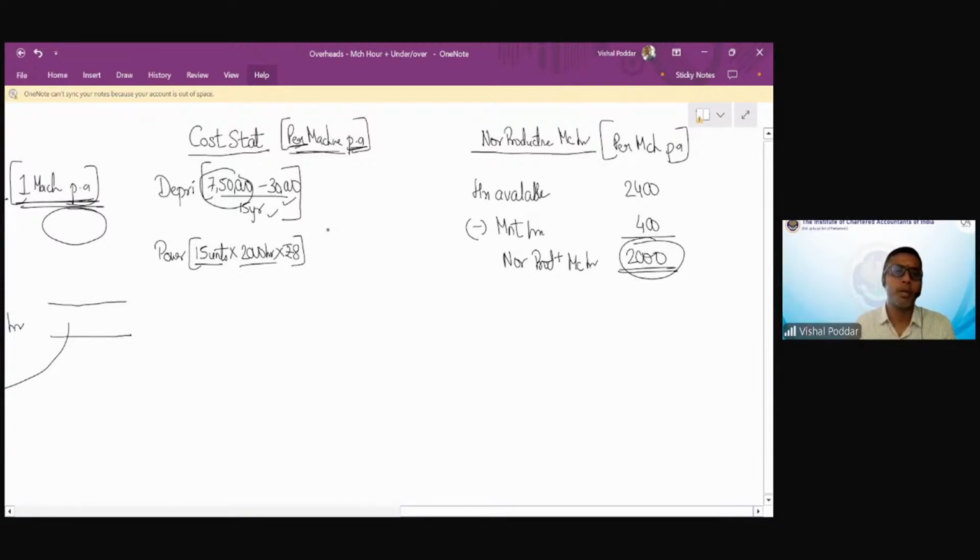Again, I'm sure you are able to relate it with this. This whole is power consumption of one machine, and we have calculated it for the whole year. Correct, students? So parallelly also start doing the calculations. This has come to 48,000. This has come to 2,40,000.